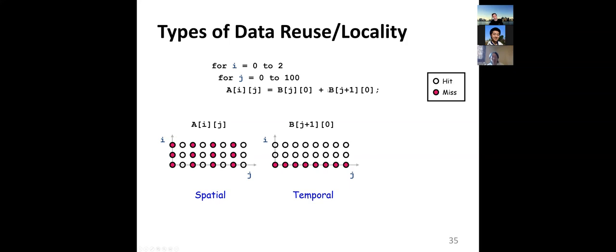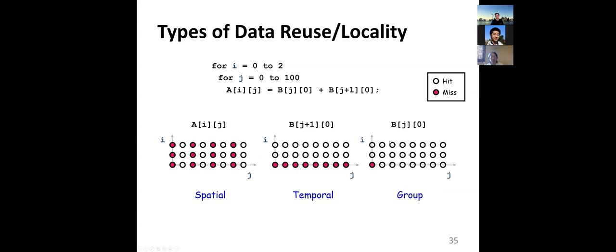But on the second iteration, because i is small, if things are not kicked out of the cache, because this dimension is small, what's going to happen? This is all going to be hits, because all these elements of B, such as B[1][0], B[2][0], all still reside in the cache. So that would be all nicely hit in the cache.